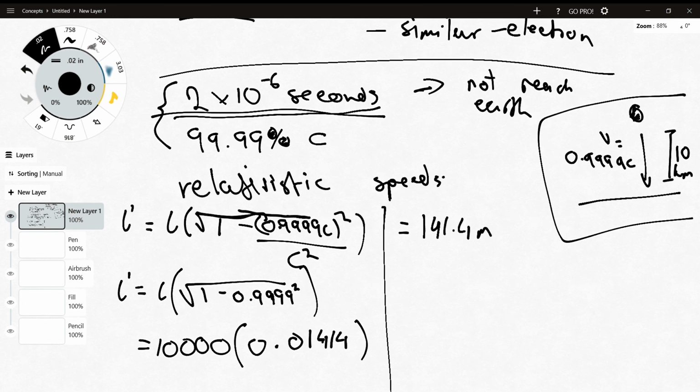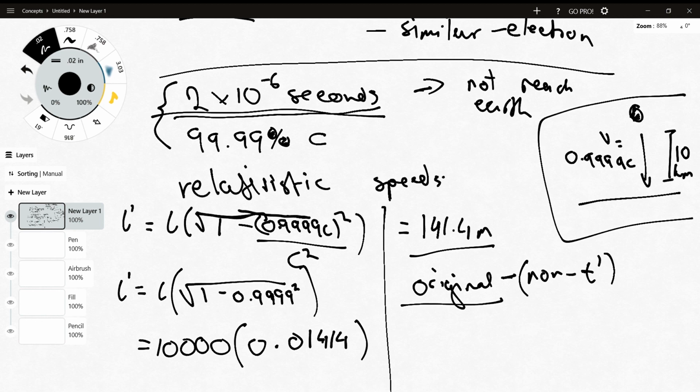Now, considering that the original non-time-dilated distance was around 599 point something, about 600 meters. Does 141.4 meters exist within that potential range of the muon?